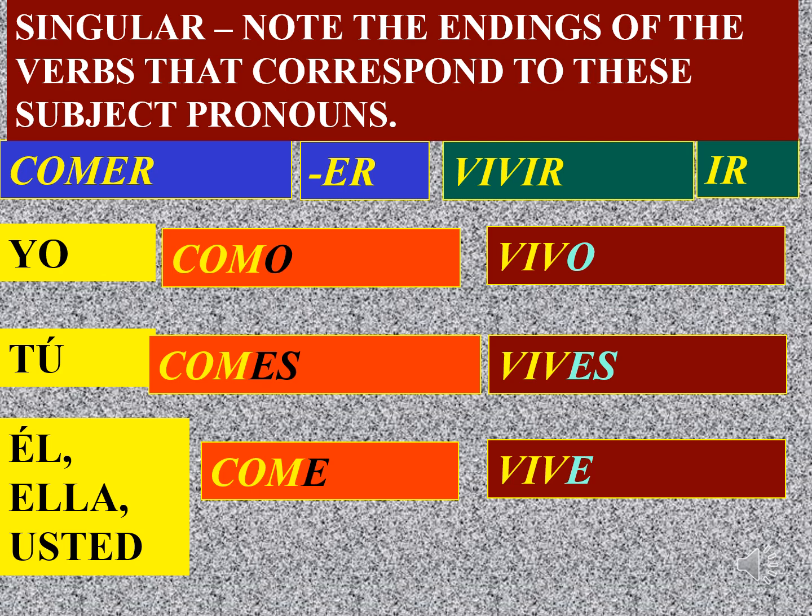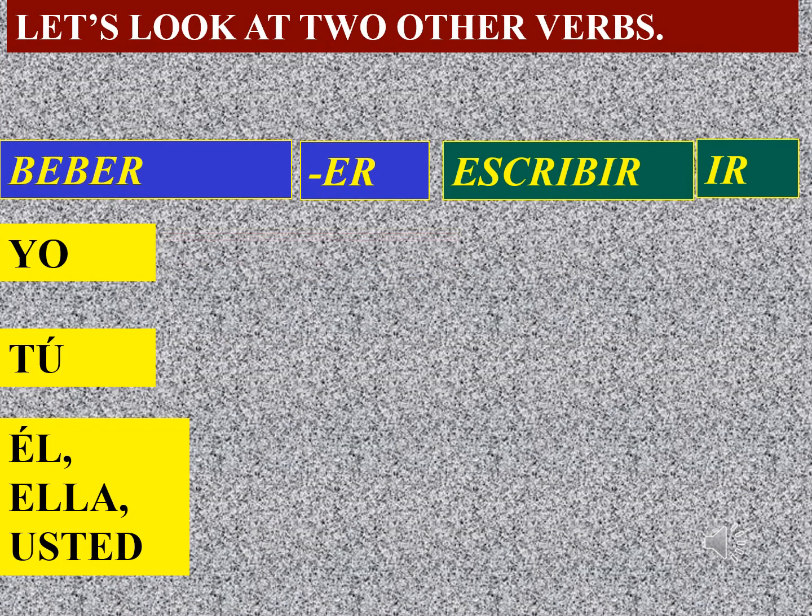Yo vivo, tú vives, él vive, ella, usted vive. So if you compare comer and vivir in how they're conjugated, we notice something immediately. They are exactly the same in the singular forms.